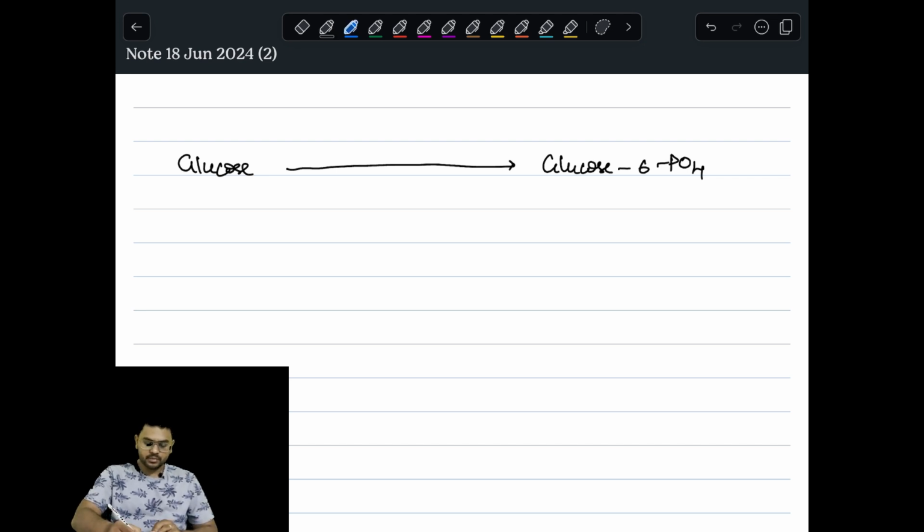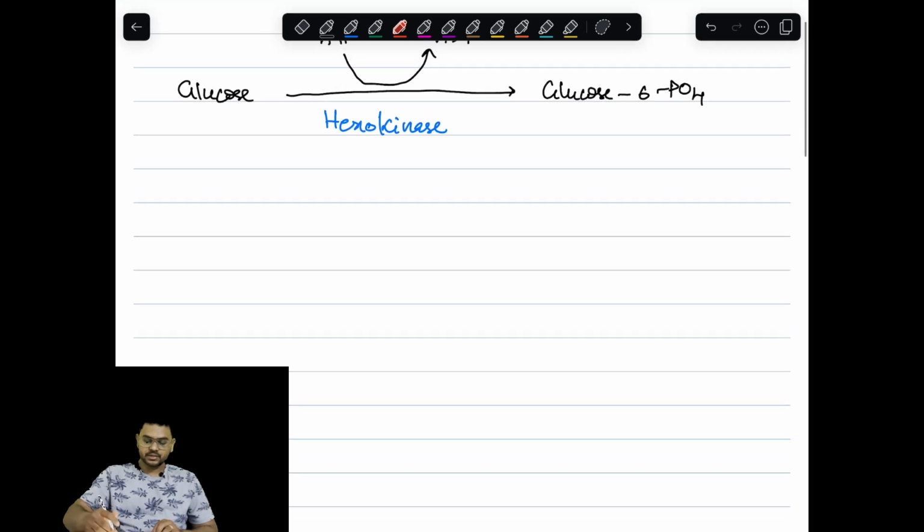And who is the enzyme responsible for that? We have the hexokinase enzyme, and it utilizes one ATP for the same. Right. So this is the first step of glycolysis, and this step has some significance.